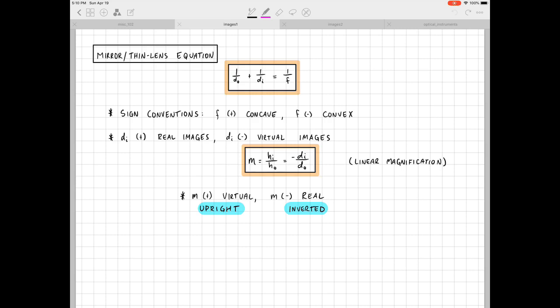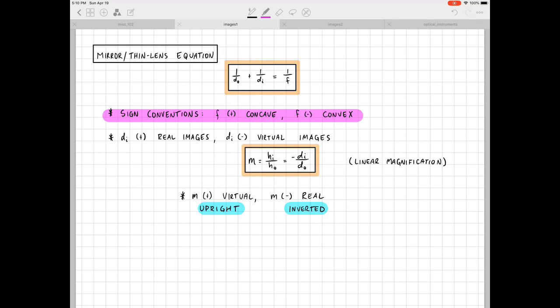So we need to mention that there are a few conventions depending on whether you have a convex or concave mirror. The sign conventions are such that for concave mirrors, the focal length is a positive value. So if parallel rays incident on a concave mirror come to focus 5 centimeters away from the mirror, then the focal length is plus 5 centimeters.